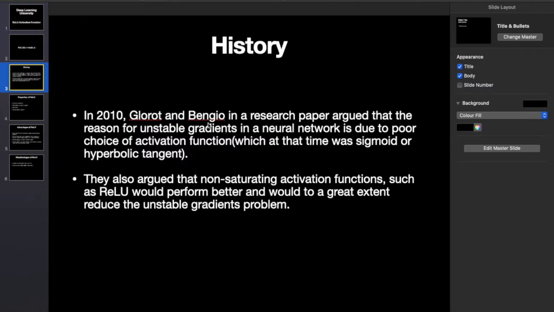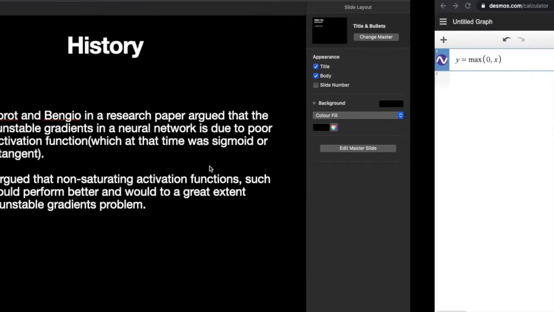And due to the usage of those functions, the problem was the exploding and the vanishing gradients problem. The reason the sigmoid and the hyperbolic tangent function suffered from this unstable gradients problem is that they are saturating activation functions.